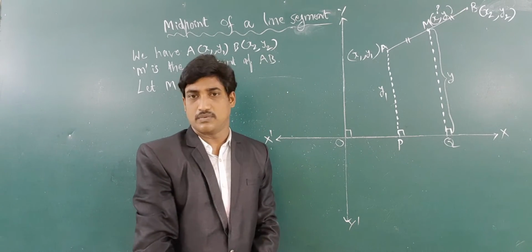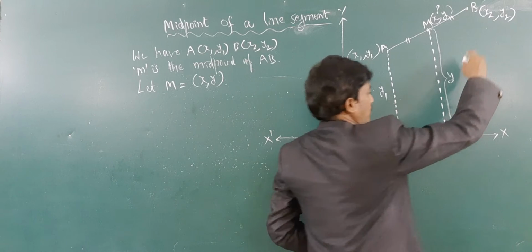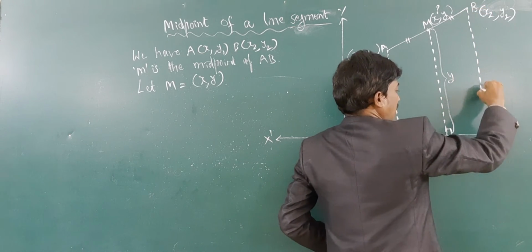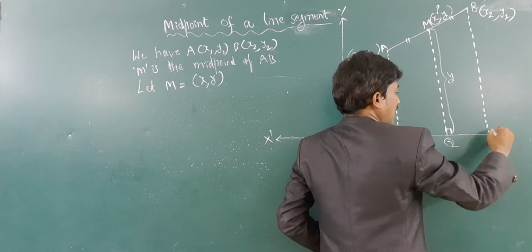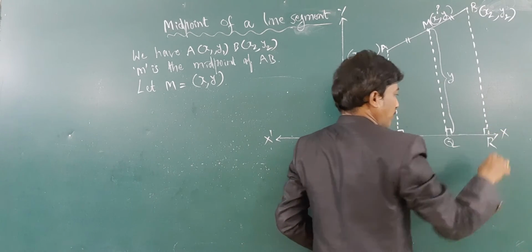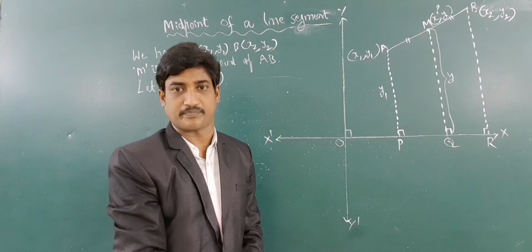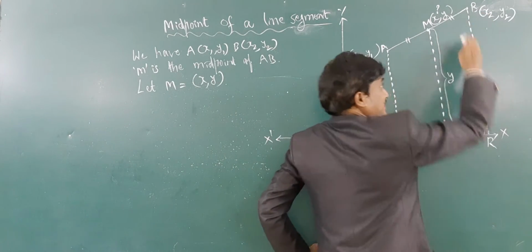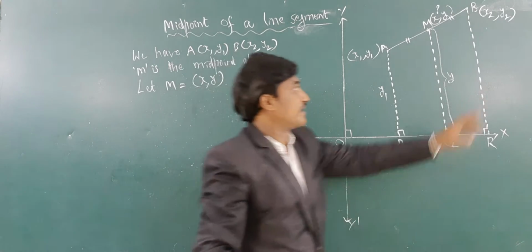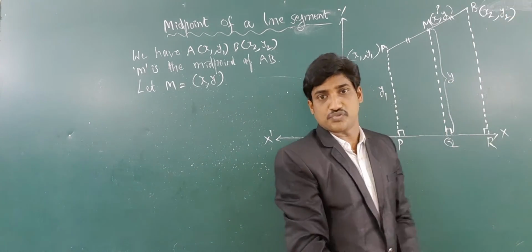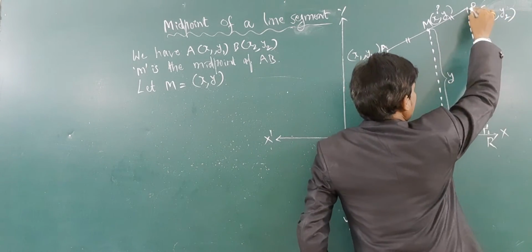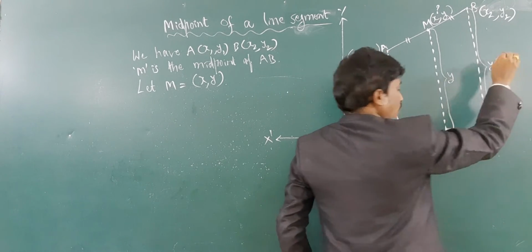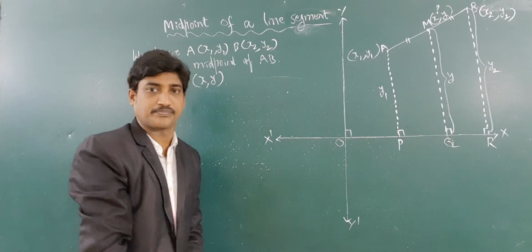Now let us draw a perpendicular from B onto the x-axis. Draw BR perpendicular to the x-axis. Here the y coordinate is y2, so let us write BR length as y2 units.